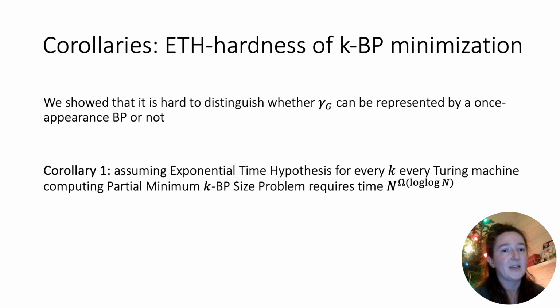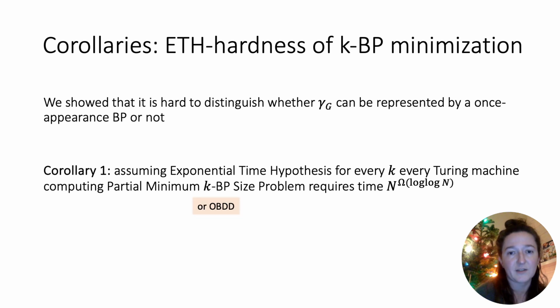We actually get that, assuming ETH, for every k, compressing a truth table to a read-k branching program or read-once branching program requires the same runtime. It cannot be sped up by much. Similarly, this result holds also for OBDDs, because read-once branching programs are also OBDDs.